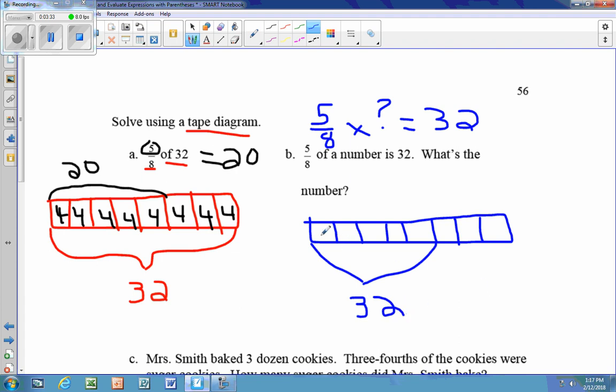So we have to figure out what goes in each of these. To figure that out, we're taking 32 and dividing it by 5. When we do that, we have 6 2/5, and we end up with 6 2/5 in each piece.